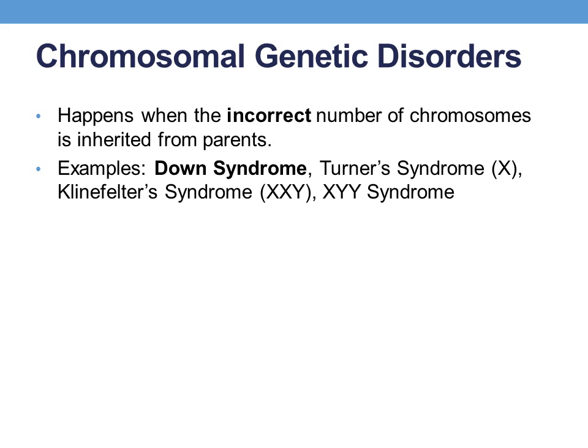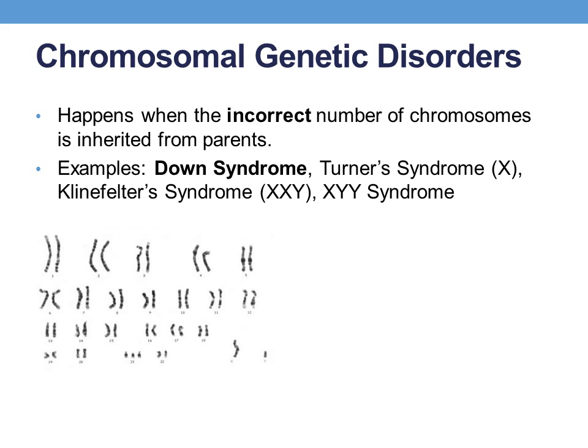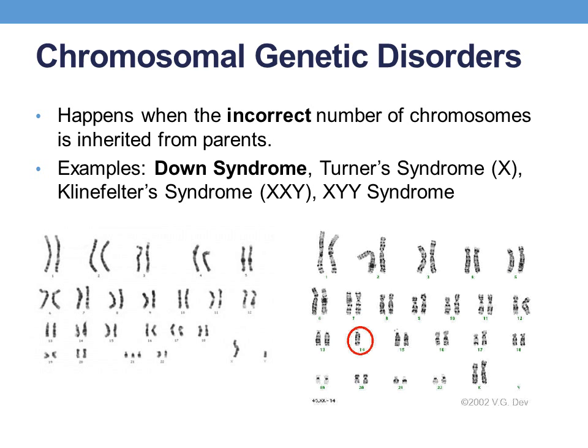Klinefelter syndrome affects males, and the males have an extra X chromosome. And in XYY syndrome, the males have an extra Y chromosome. And these affect how an individual will go through puberty and have some effects on their phenotype. So here's an example again of that extra chromosome, number 21.